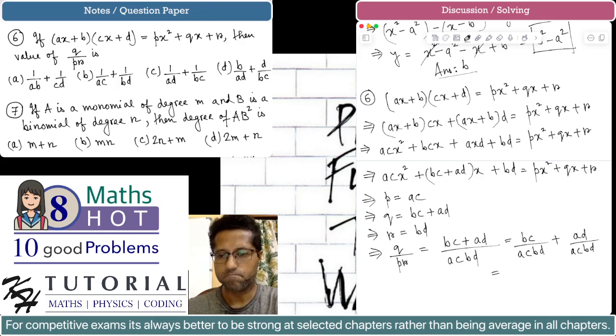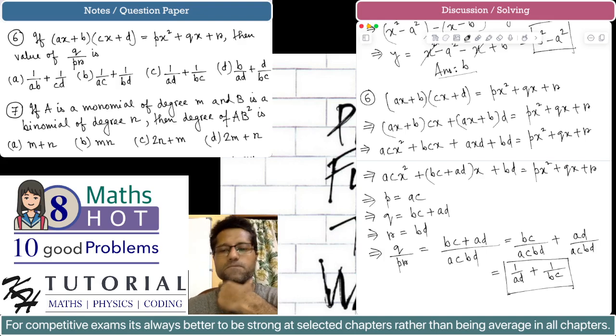This is equal to 1 by ad plus 1 by bc. 1 by ad plus 1 by bc is the value of q by pr, and hence the correct choice is C.